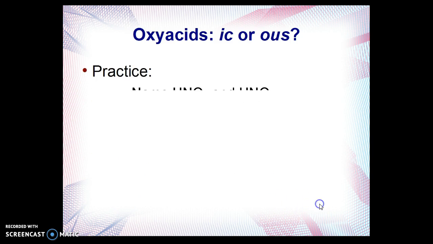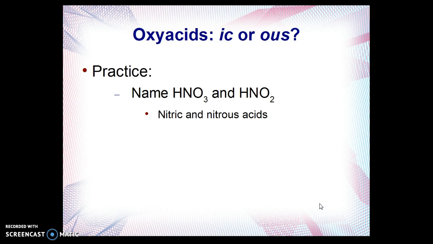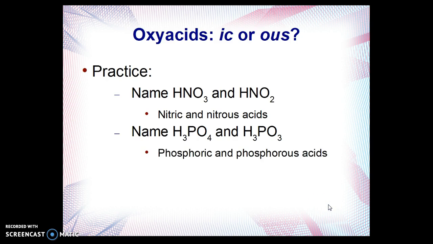So let's practice. Name HNO3 and HNO2. Nitric and nitrous acids. Name H3PO4 and H3PO3. Phosphoric and phosphorous acid. Now notice this is with an OUS.